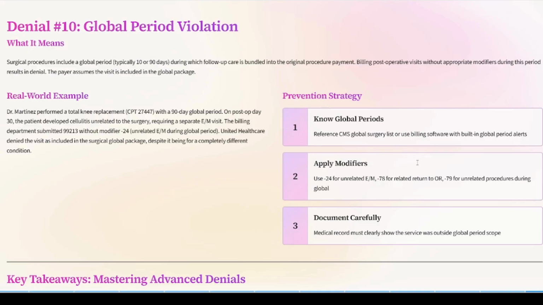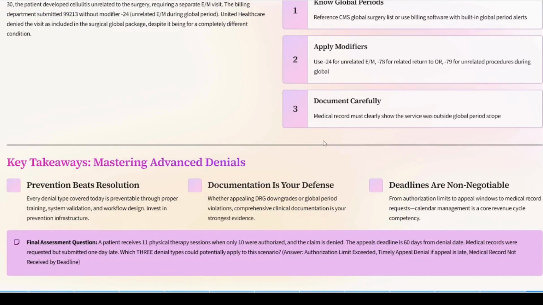Modifier 24 is unrelated E&M. Modifier 78 is for related return to the OR, while 79 is for unrelated procedures during the global period. Okay? And you want to document carefully. Medical records must clearly show the service was outside the global period scope.